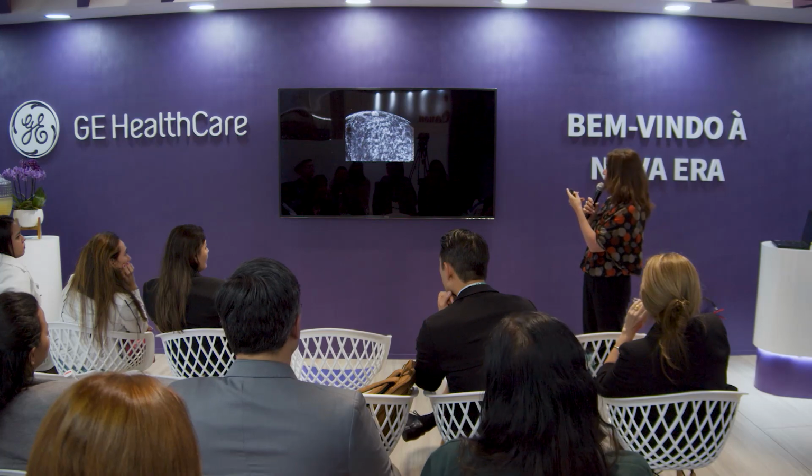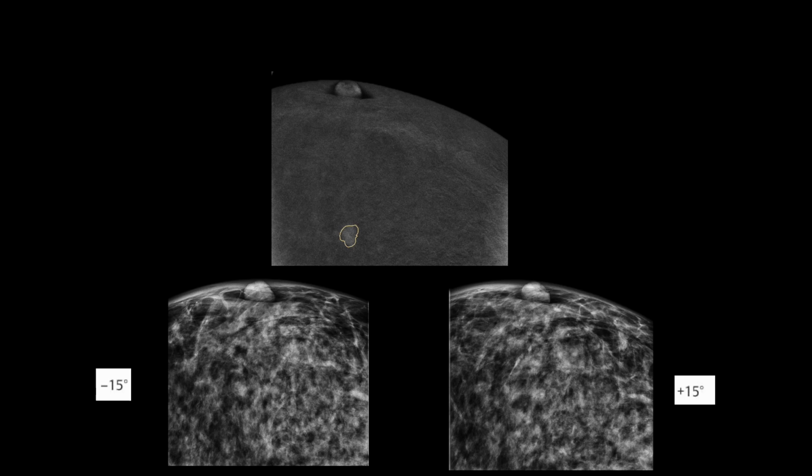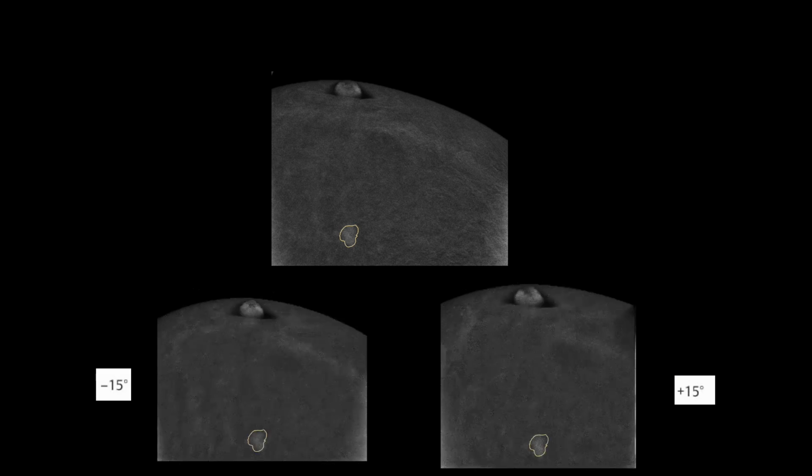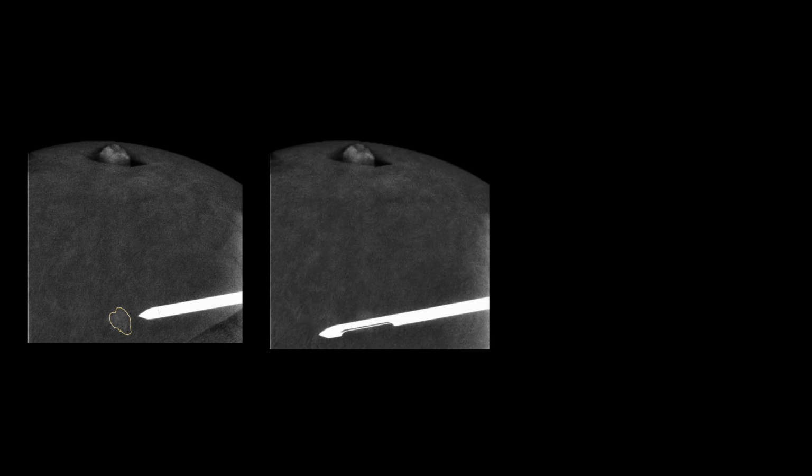This is the low energy view, and this is the lesion. We target the lesion with the standard stereotactic views, again, dual energy technology, finding the lesion, and then we can biopsy. In this case, this is in pre-firing position, horizontal approach, my favorite approach. This is after the biopsy is done.